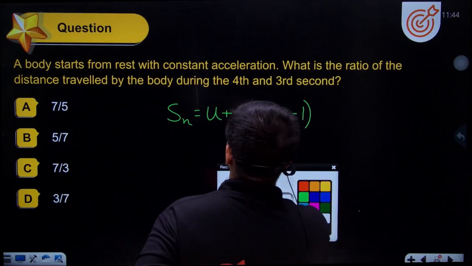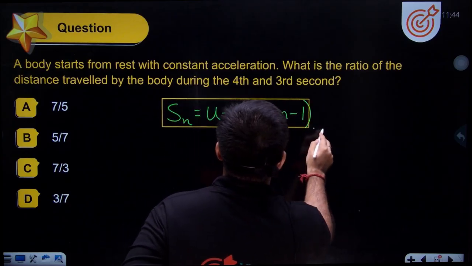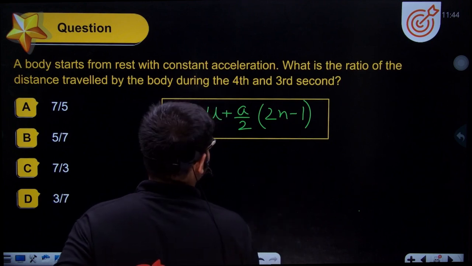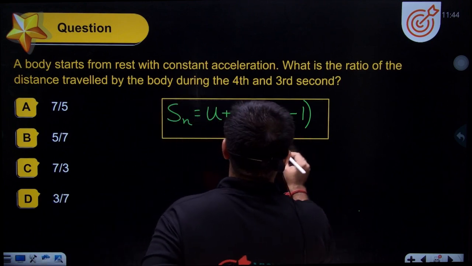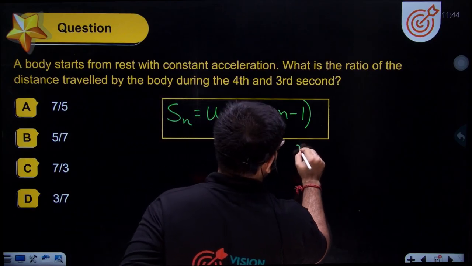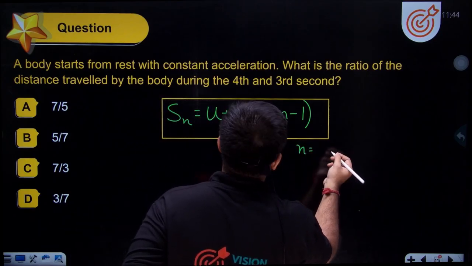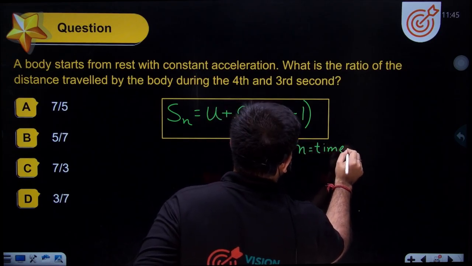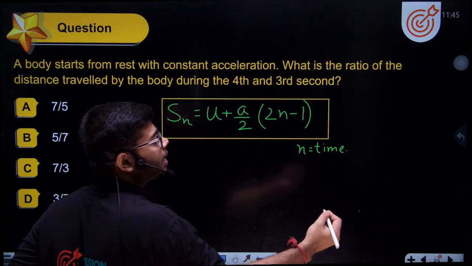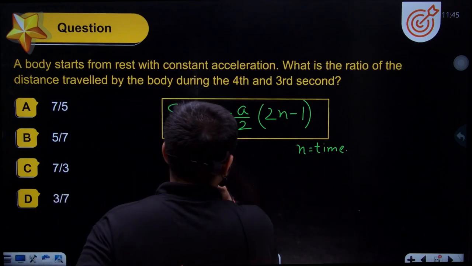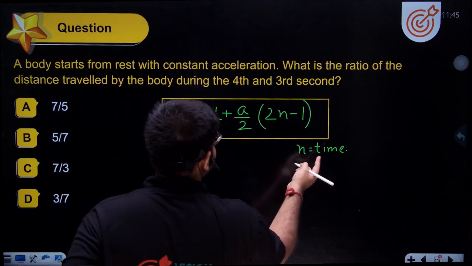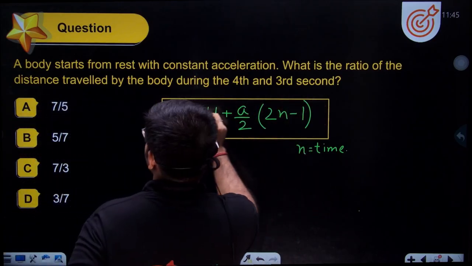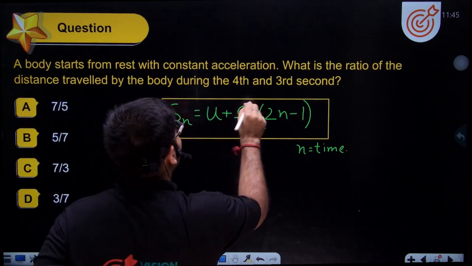This is my displacement in nth second, right? Where n is the time, means which second you are actually calculating it. Now, keeping this in mind, you are being asked the ratio of the distance traveled by the body in the 4th and 3rd second.